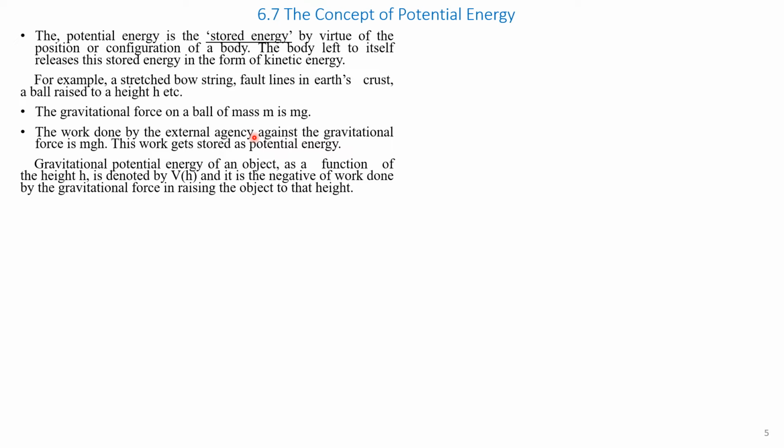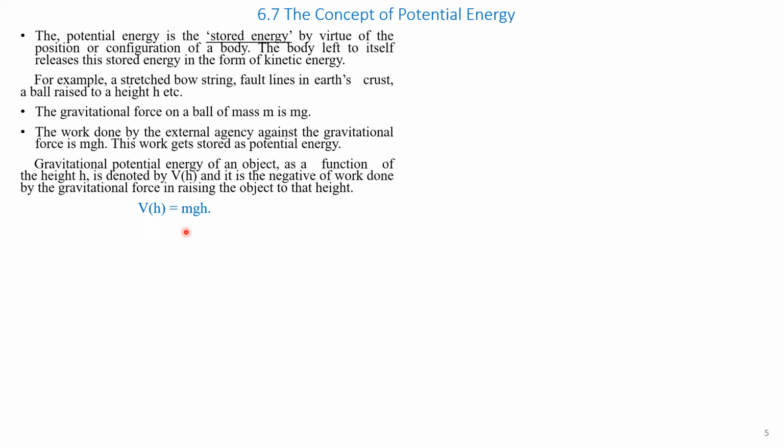This work is stored as potential energy. The gravitational potential energy of this ball as a function of height is denoted by capital V of h, and it is the negative of the work done by gravitational force in raising the object to that height.